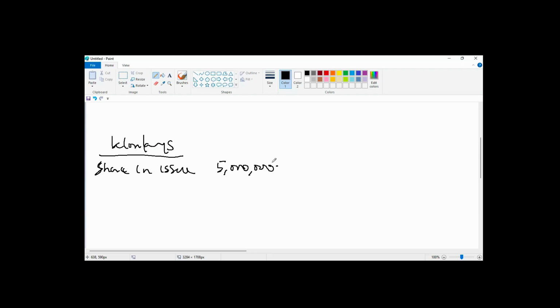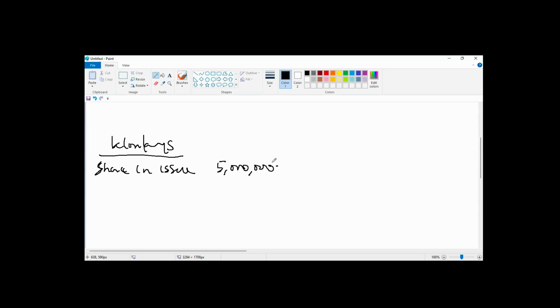The total earnings is 1,750, and the rate of income tax is 35%. For basic, the only thing here is the shares in issue. There was no rights issue, no bonus, no repurchase, no share split, no stock dividend, and no reversal of share split.